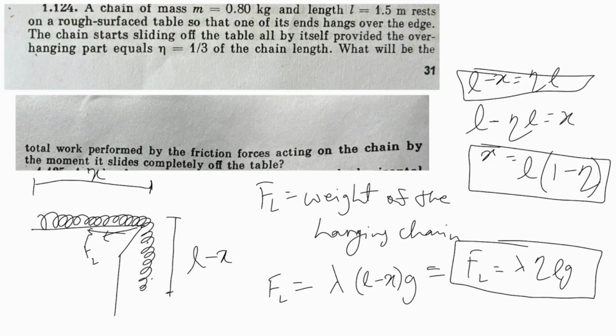Now how is the limiting force, or the limiting friction, given? It is a quite simple way to write or represent FL. We know that the coefficient of friction between the table and the chain is given by either mu or even k. Some books tell that we can use k, sometimes it is given as mu.